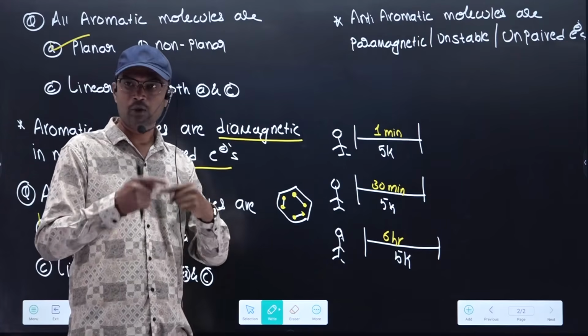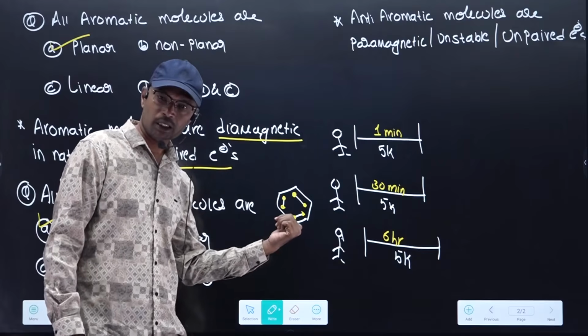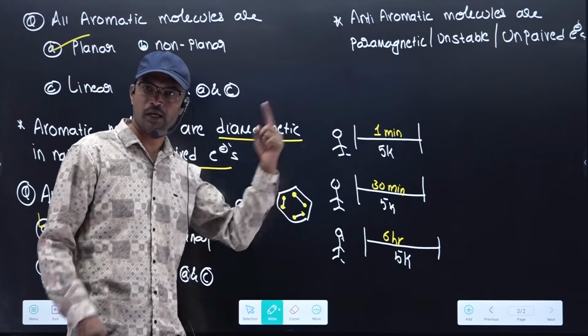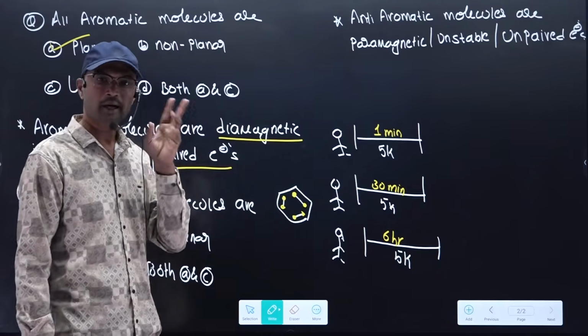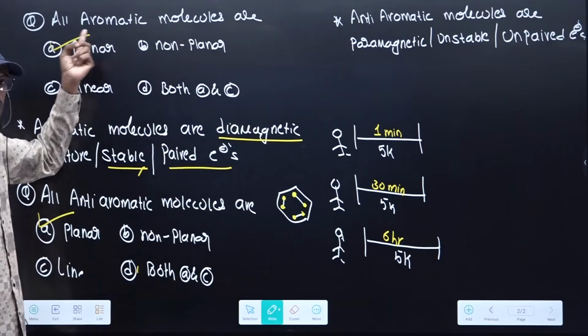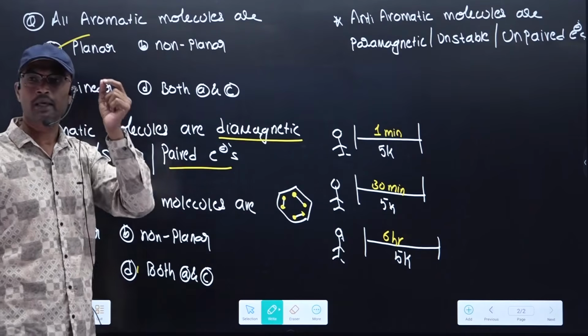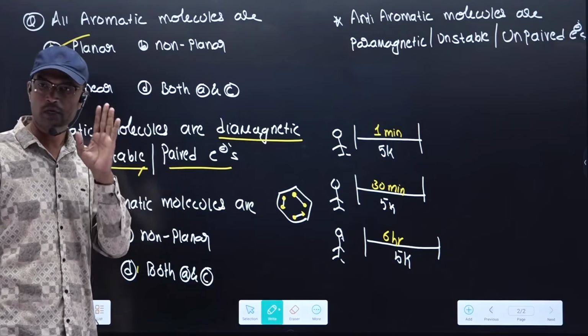In anti-aromatic, delocalization increases energy, whereas here delocalization decreases energy. There is a difference between aromatic and anti-aromatic. An aromatic molecule 100% behaves like a human.